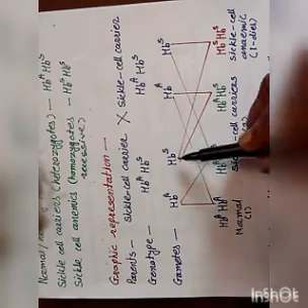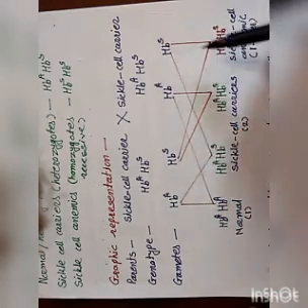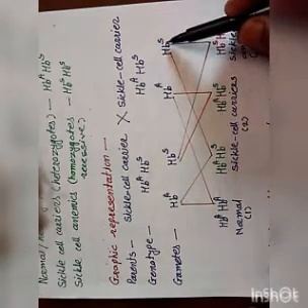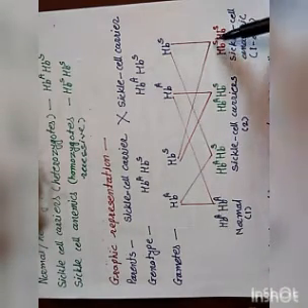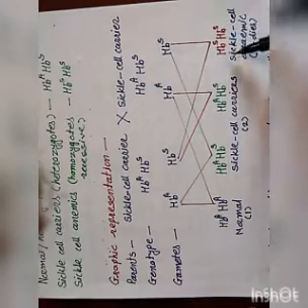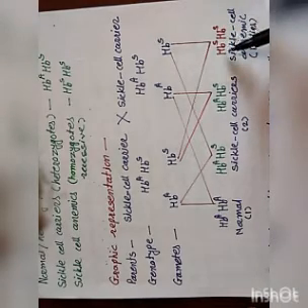Well, when this HBS gene unites with this HBS gene, then the individual or offspring with HBS HBS genes is produced and it is the homozygous recessive individual.